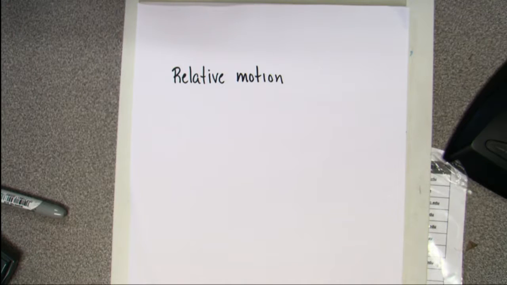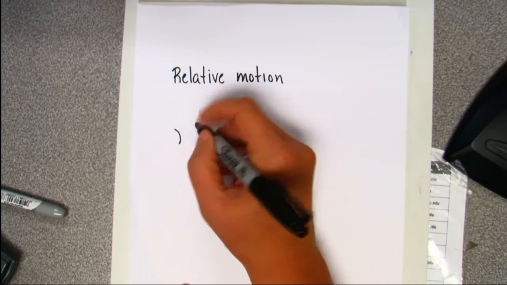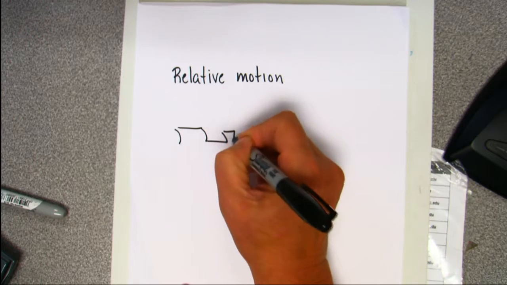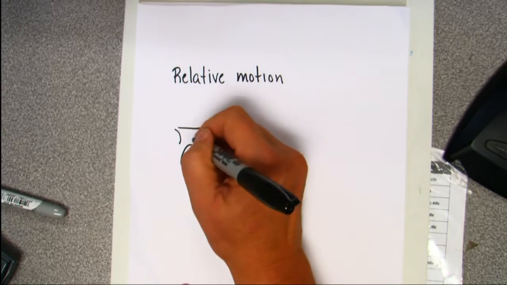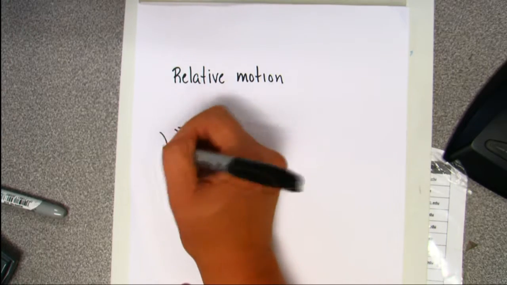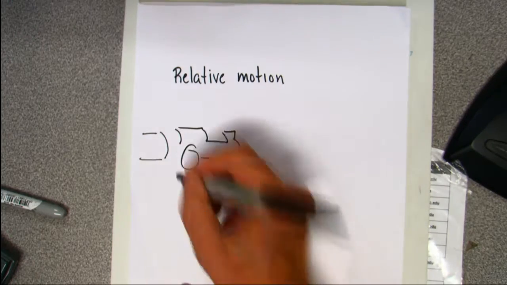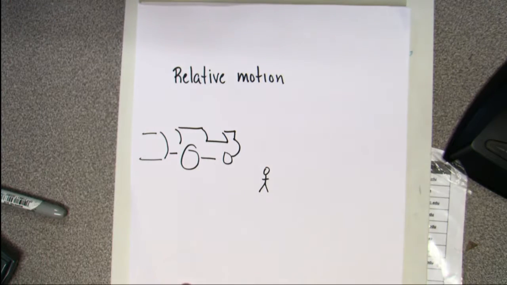But for what we're doing right now, I'm just introducing the topic because we've got to move on to other stuff. So if I'm on a train, I've got my little train car here, and a person standing at the intersection.